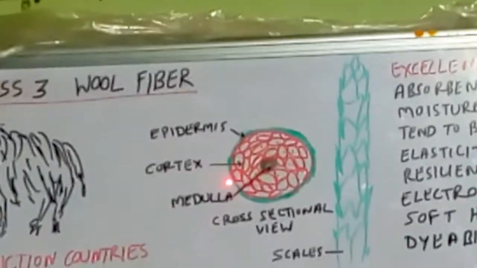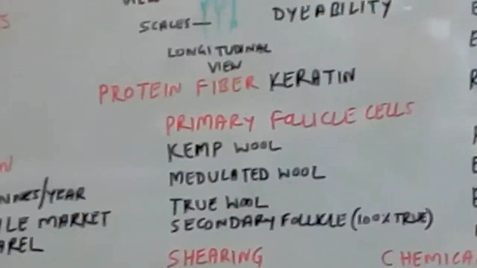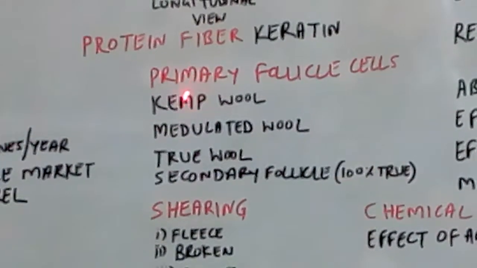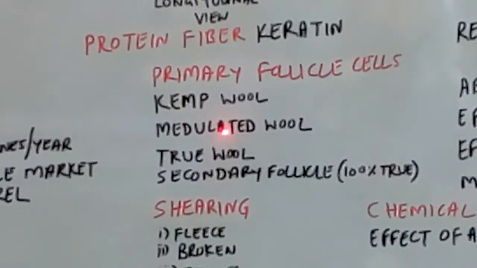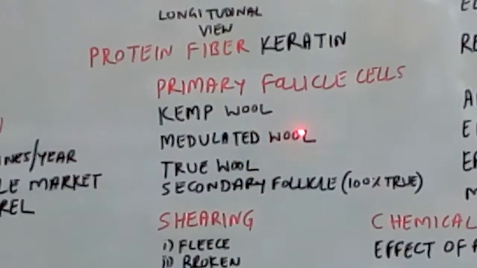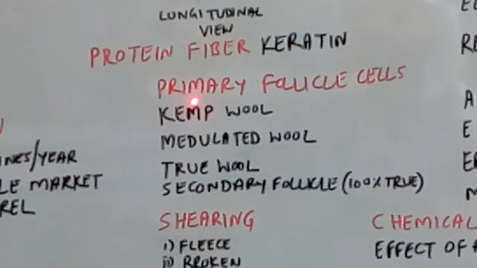Okay, so here in the primary follicle cells, there are camp wool, medullated wool, and true wool. Camp wool and medullated wool: in medullated wool, the impurities and the color or shade are different.